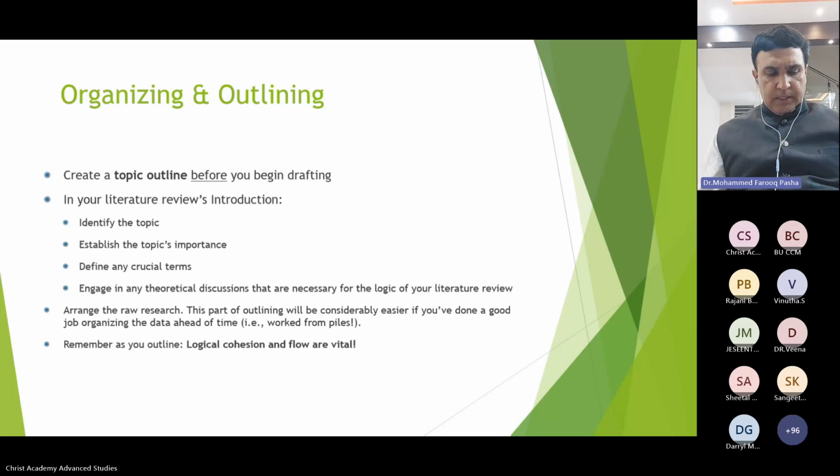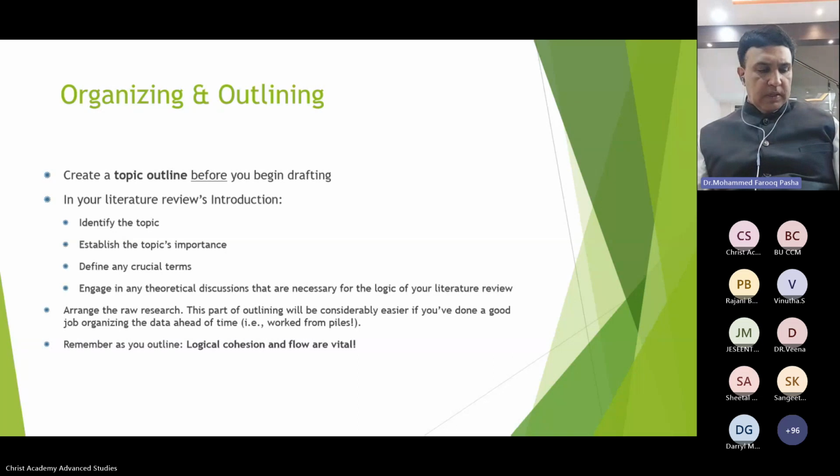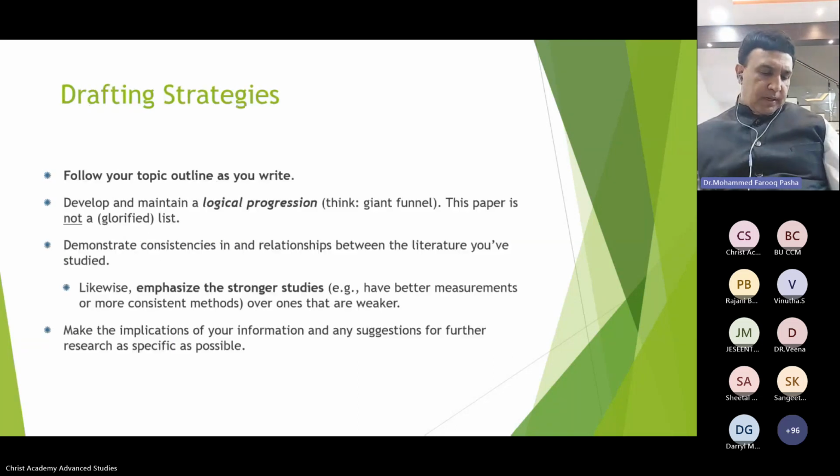Remember, as you outline, logical cohesion and flow are vital, very important. Then follow your topic outline as you write. Develop and maintain a logical progression. This paper is very important as far as your listing and publication is concerned. Demonstrate consistencies in and relationships between the literature you have studied.